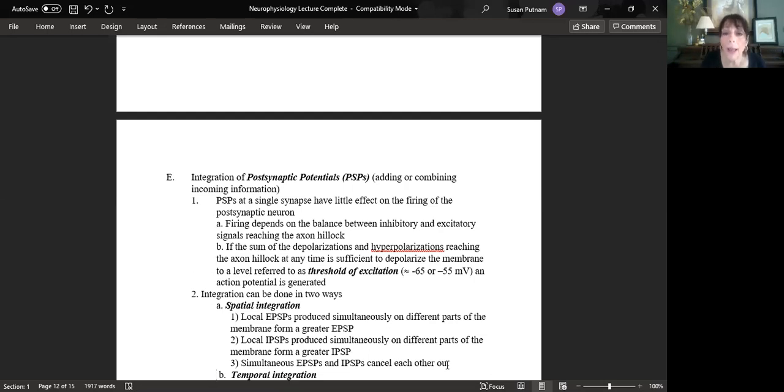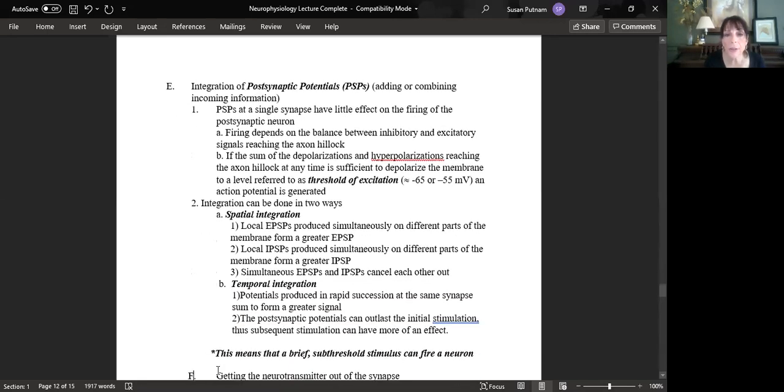So you have that idea that the more signals that happen at the same time postsynaptically, the more likely the neuron will respond to that, either by firing if it's an EPSP, or by staying quiet and not firing if it's an IPSP. That is spatial integration.